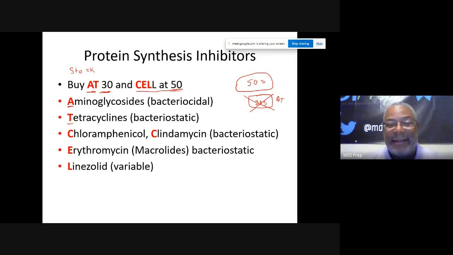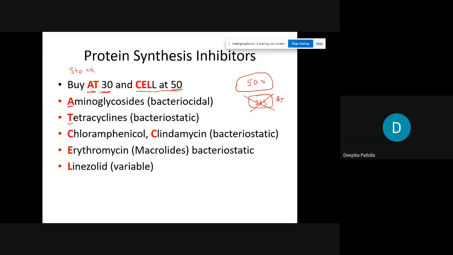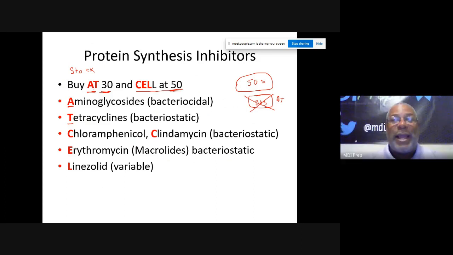Does that make sense? Yes, and it dies because the cell wall is made up of the peptidoglycans, the protein component, and that's how the channels are formed. That's right. The bacteria need proteins for several different functioning processes, and if we inhibit that, that's a problem.